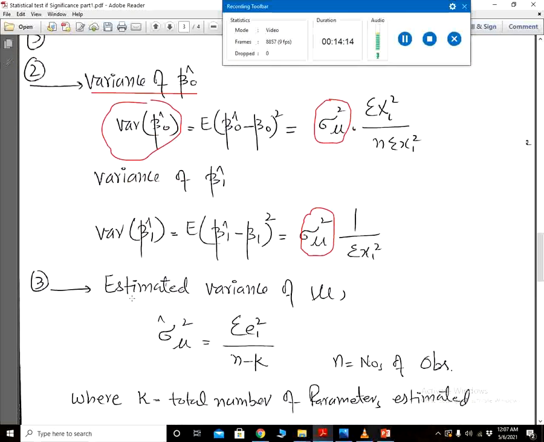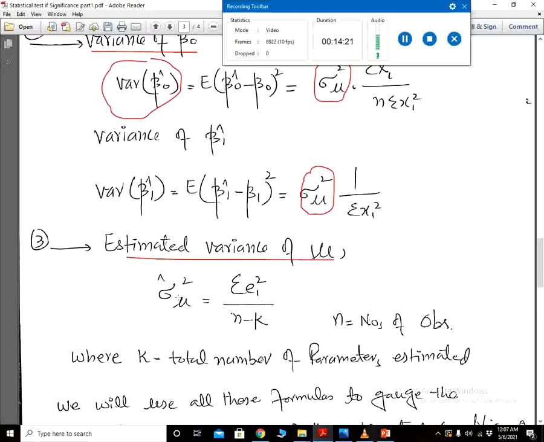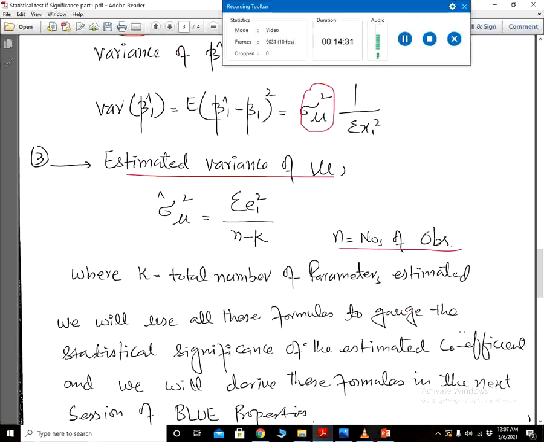And how do we estimate the variance of mu, the population variance that we use in these formulas? The estimate of the population variance is equal to summation ei square, these are the sample residuals, divided by n minus k, where n is the number of observations and k is the total number of parameters estimated in the model.